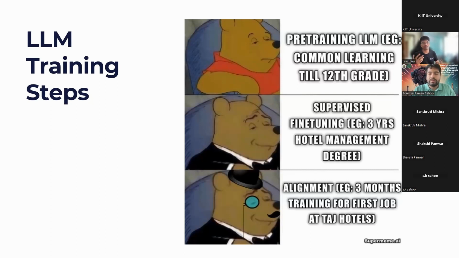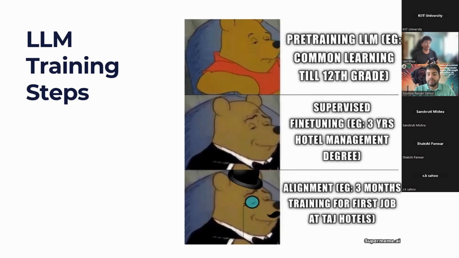So you take an LLM, and for a given task or language you do some specific training and you get expertise. You make the LLM an expert in that specific domain or language or whatever it is. And then getting a degree is not sufficient, right? In a hotel management degree you do a lot of things, but a real world job is altogether different.